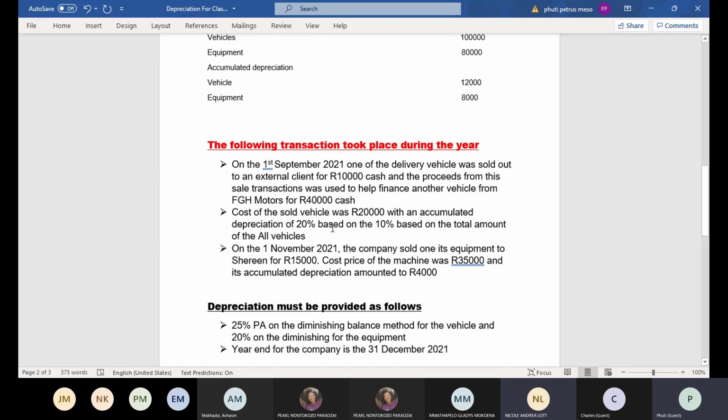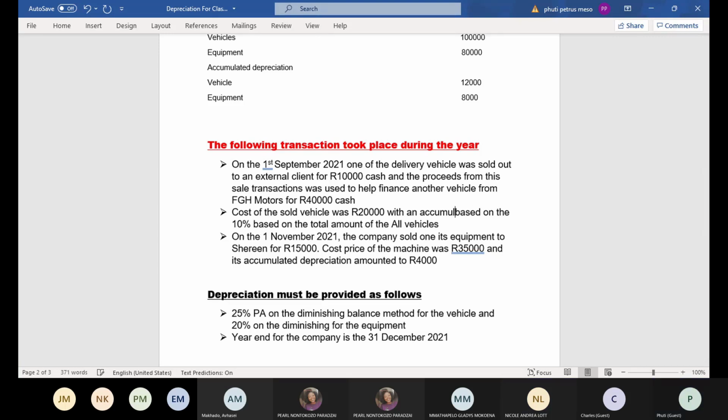Let's do this to avoid confusion. Let's say this. You see, the cost of the sold vehicle was 20,000 Rand based on 10% of the total amount for all there.